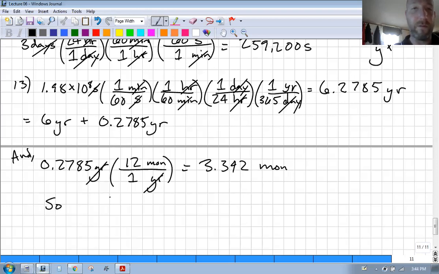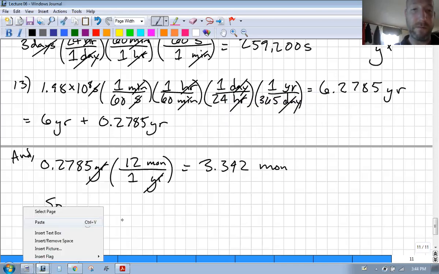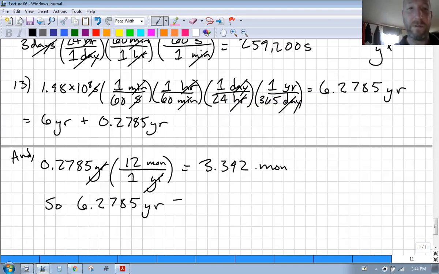So this is equal to 6 years and 3 months. Technically 3.342 months, but that little bit left over, we probably wouldn't mention that. Like if your child is 6 years and 3 months, or a few days more than that, you'd still just say 6 years and 3 months.